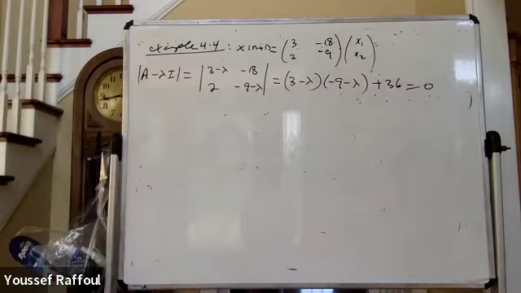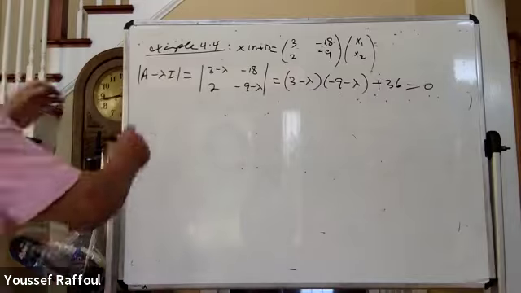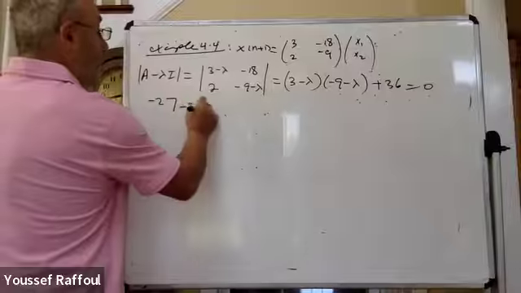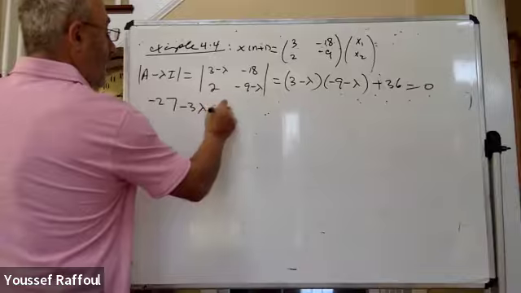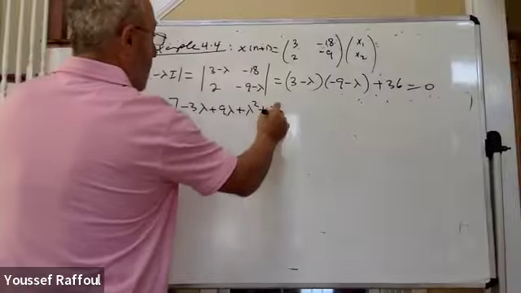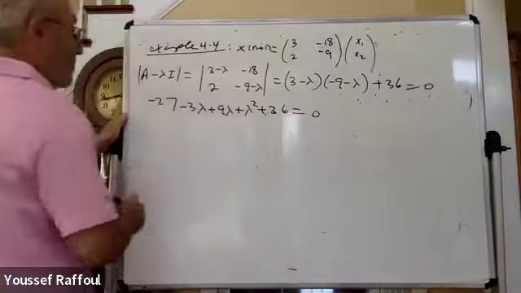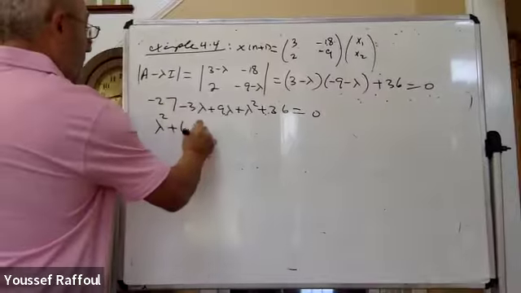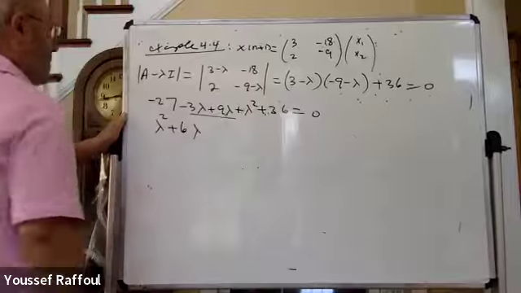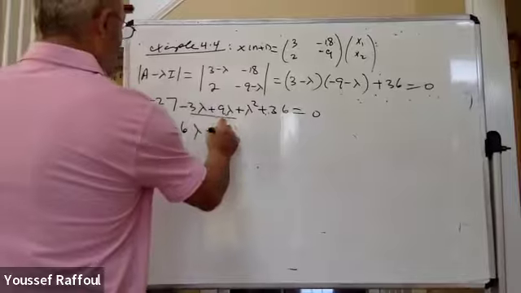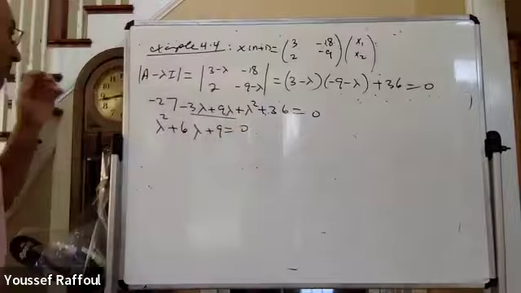See what we did? Now, if I simplify this, I'm going to get minus 27 minus 3 lambda plus 9 lambda plus lambda squared plus 36 equals 0. So I'm going to have lambda squared plus 6 lambda plus 9 equals 0.